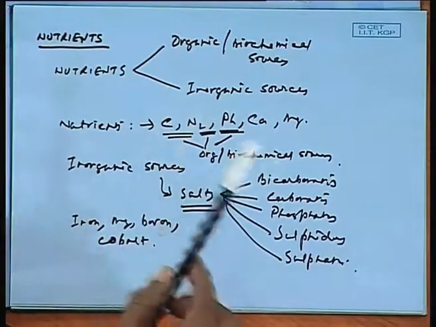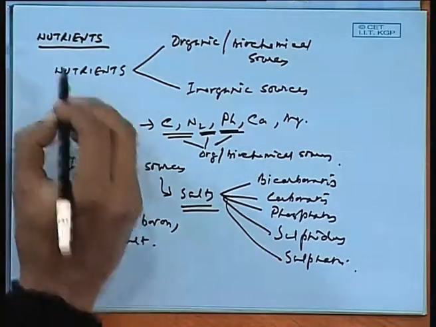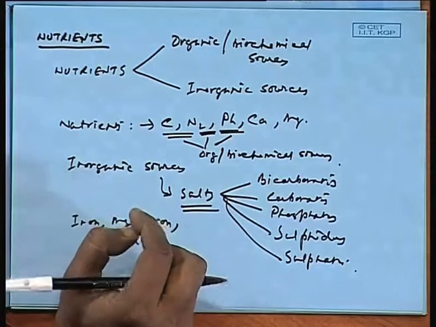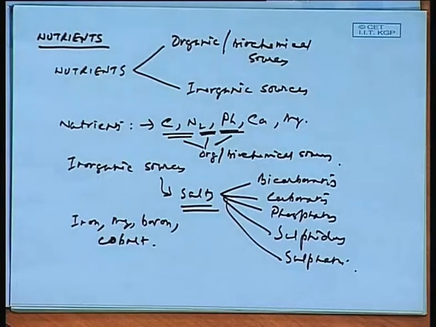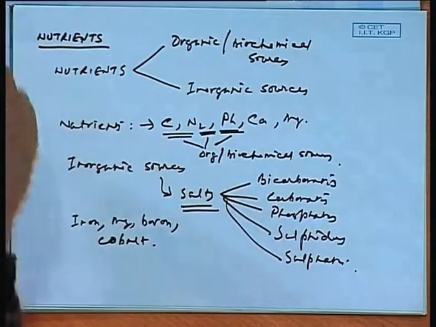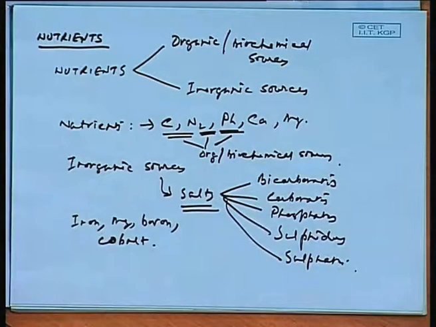Now why I have been saying this is essentially to understand that the nutrients have a great importance in environmental pollution and control, because the nutrients completely disturb the natural balance that we generally observe.